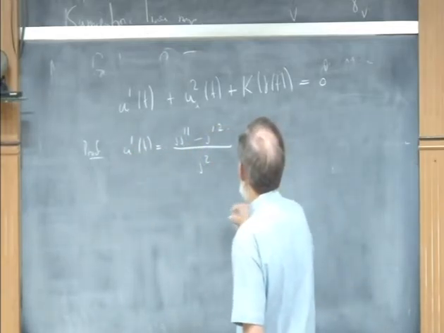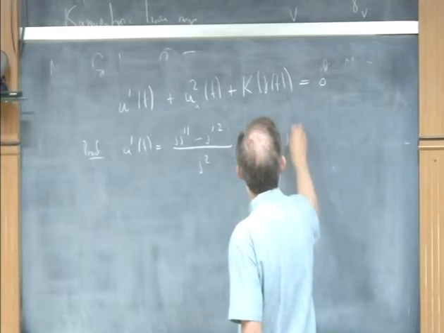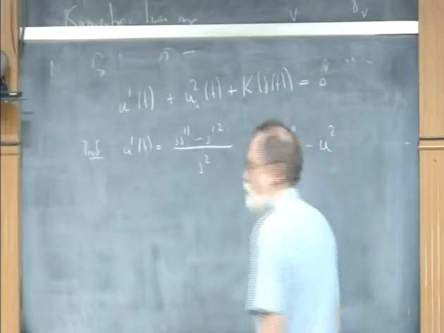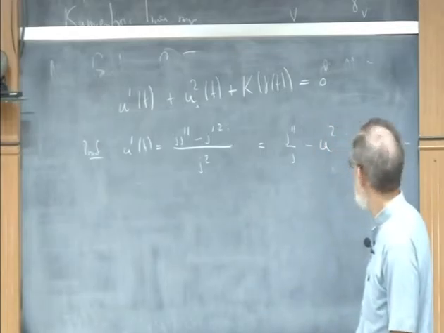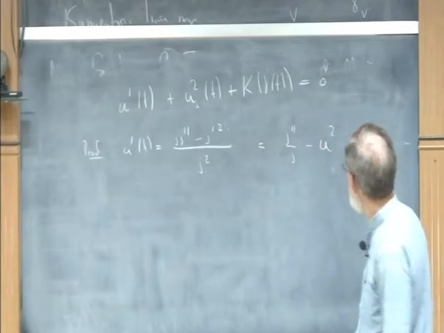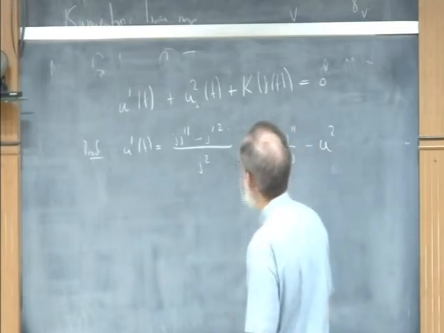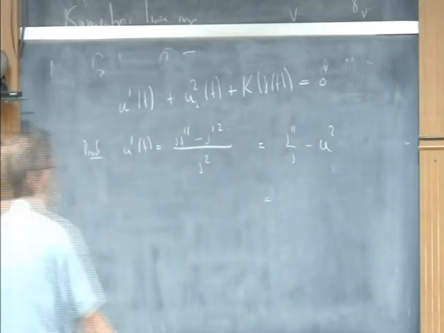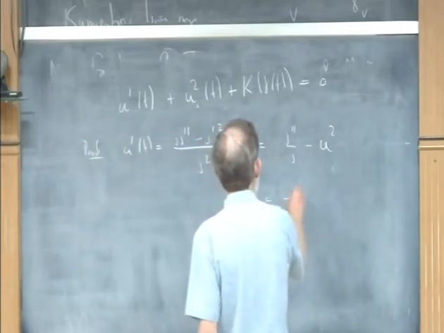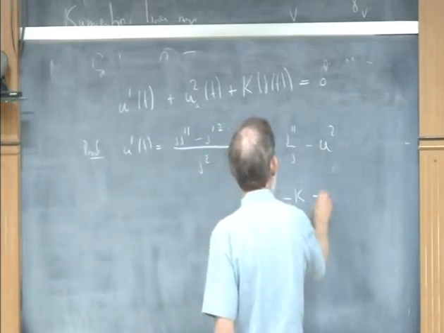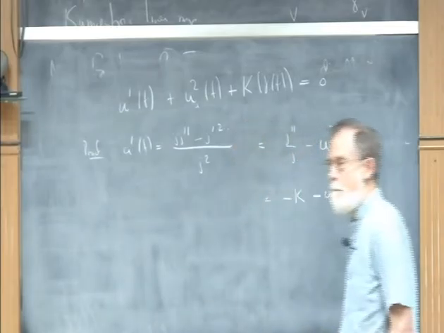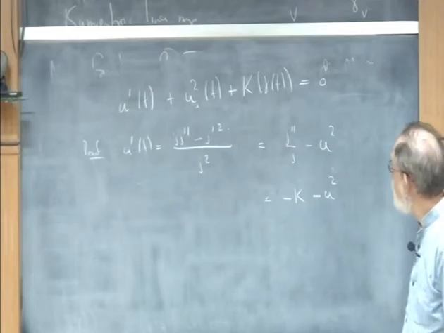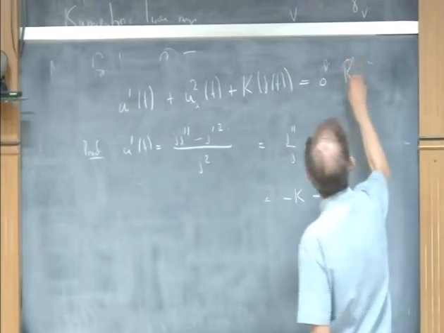So this is j double prime over j minus u squared. I think that's right. And j double prime over j from the Jacobi equation is minus k. So you get this equation.